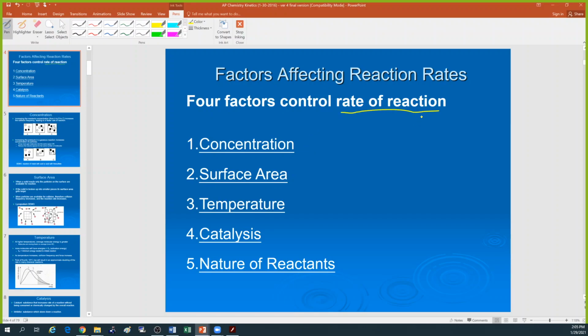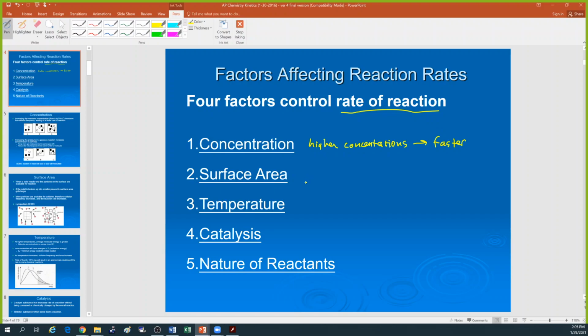Just let's guess a bit, and then I'll give you a theory to see if it's consistent. Any thoughts? So I'll start. If you have a higher concentration, what do you think will happen to how fast the reaction goes? Faster. Yeah, that makes sense, doesn't it? The more stuff you put in, the faster it will go. It seems to be logical. Maybe we don't know why yet, but it makes sense.